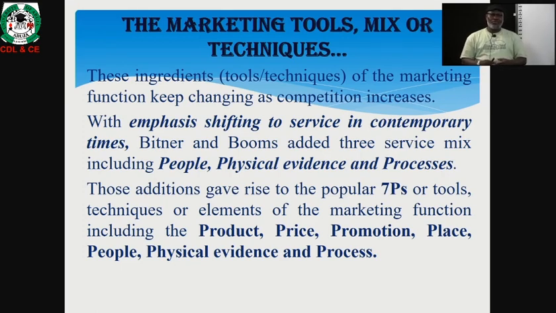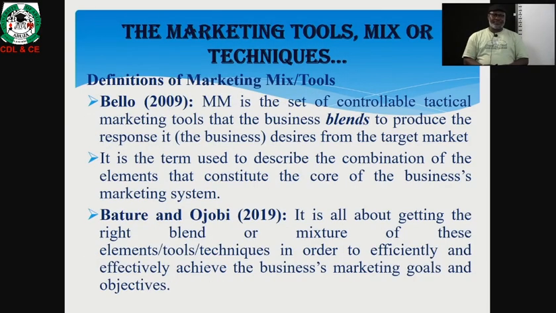They include people, physical evidence, and processes. Overall, in contemporary times, the major tools used for marketing function are 7, and these include product, price, promotion, place, people, physical evidence, and process.